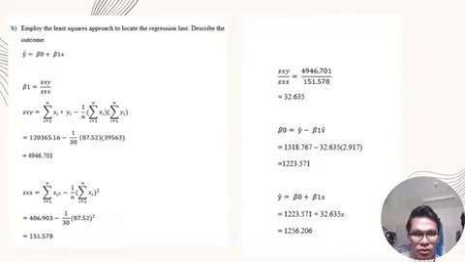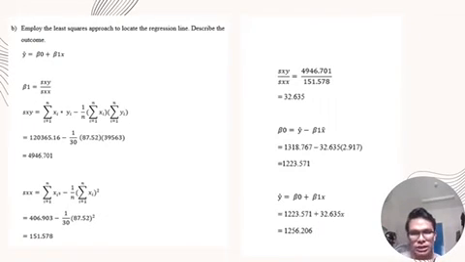So for our values, SSY is 4946.701 divided by 151.578. Then you will get 32.635.